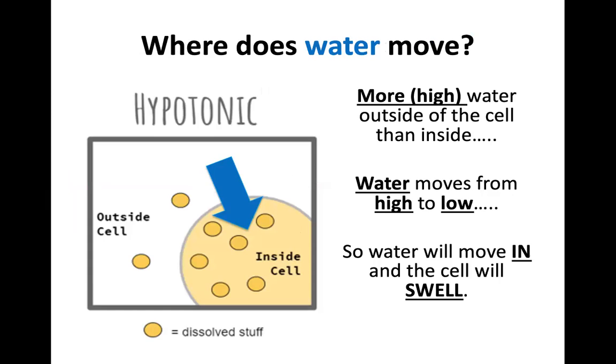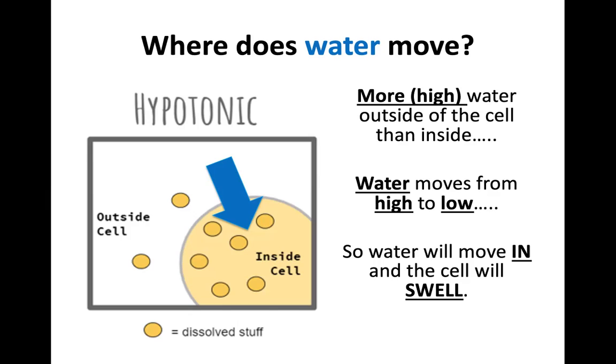Because I don't want you to get confused, if you take a cell and you put it in a beaker, because you're going to see this today on one of your activities, you're going to have a beaker and a cell inside. When it's talking about the solution, it's talking about what's in the beaker.